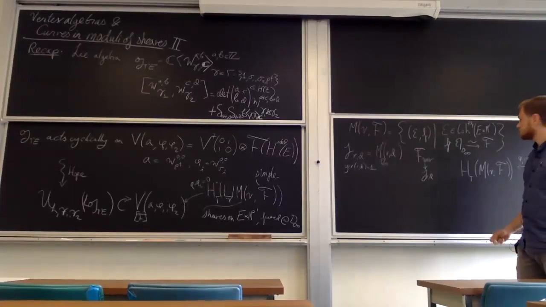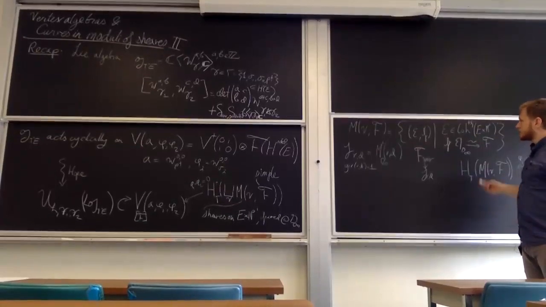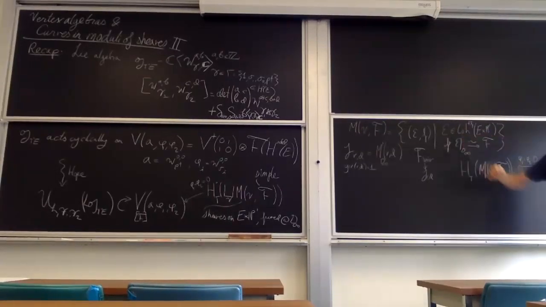What's that subscript on coherent sheaves? Torsion free. Yes, so these stacks of framed torsion-free sheaves are representable in the case of E times P1 when our framing is a simple sheaf. So these a priori stacks are actually representable by quasi-projective varieties.